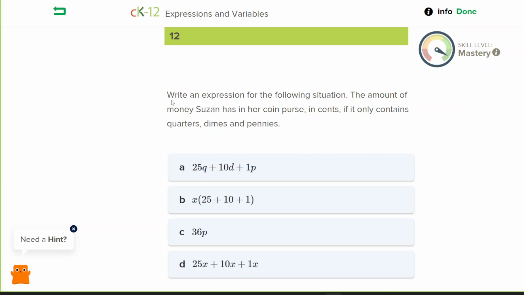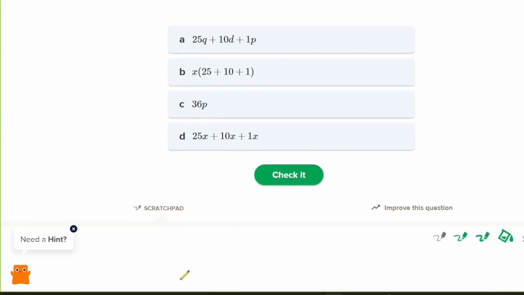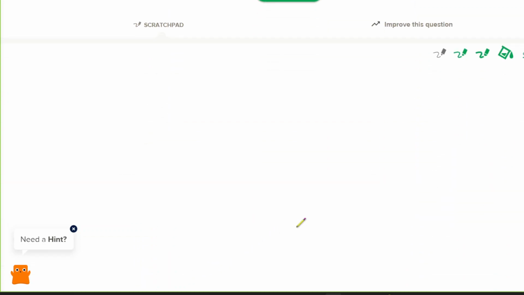Okay, so my next example, write an expression for the following situation. The amount of money Susan has in her coin purse in cents if it only contains quarters, dimes, and pennies. All right. So once again, I'll open up this scratch pad.